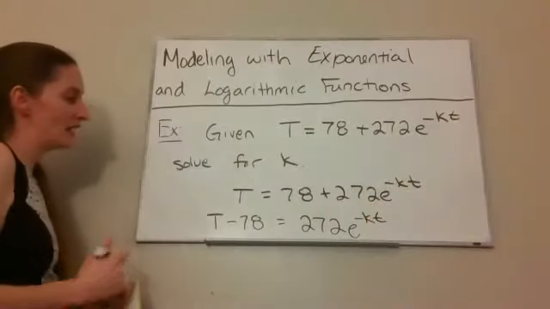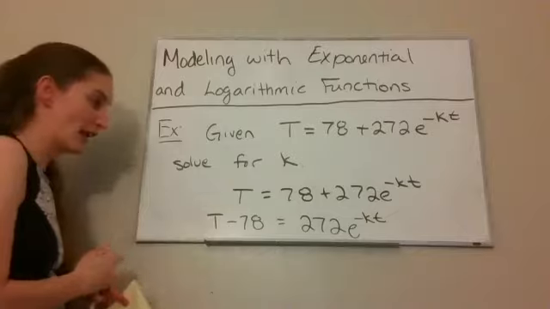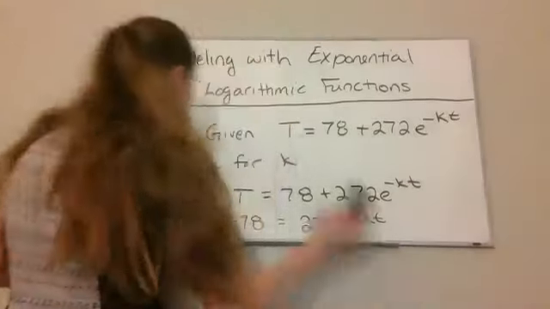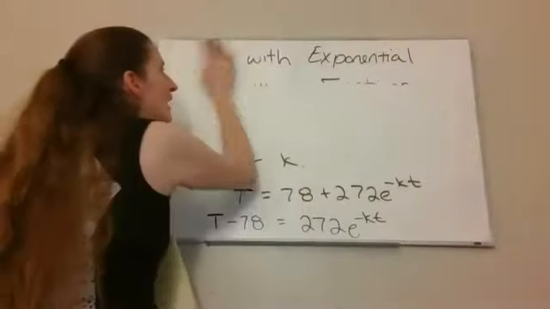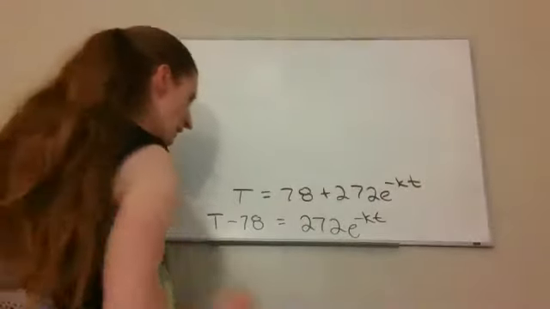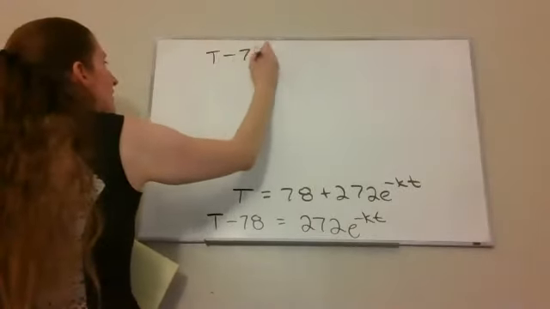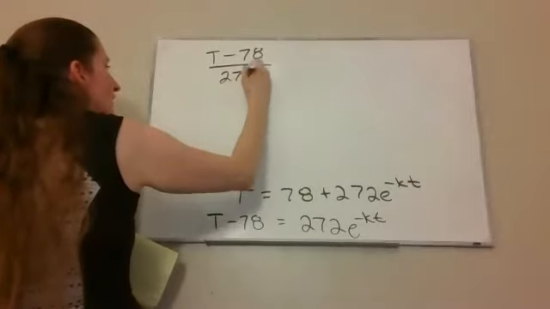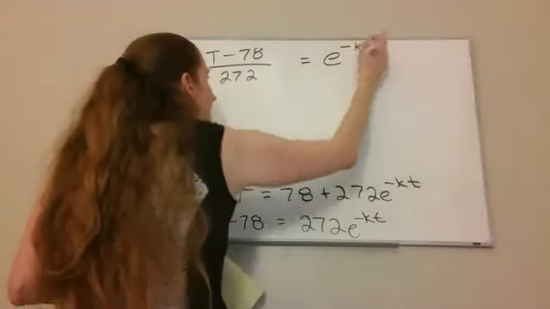So now I have T minus 78 equals 272 e to the negative kt. And so my exponential term is not by itself quite yet. I now have to divide by 272. So I'm going to get (T minus 78) over 272 equals e to the negative kt.